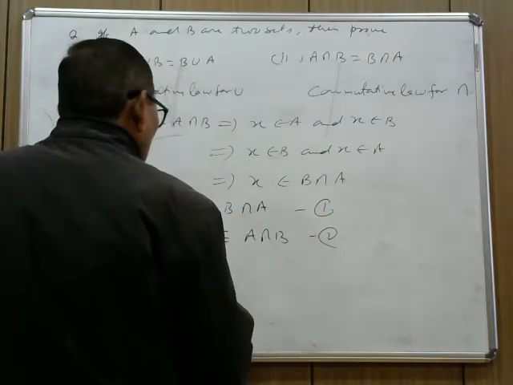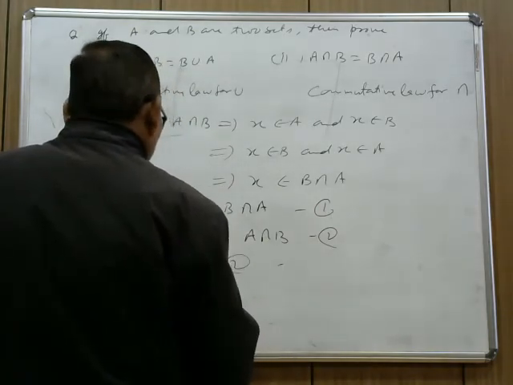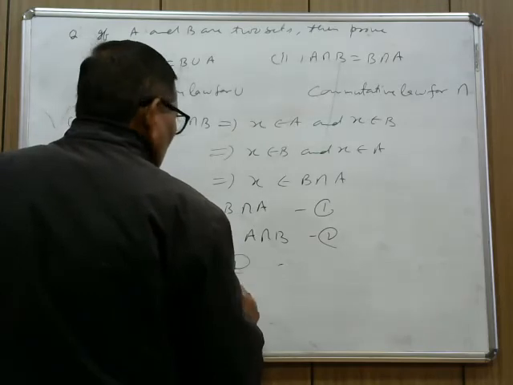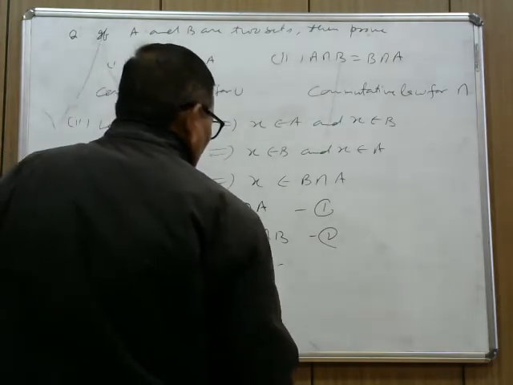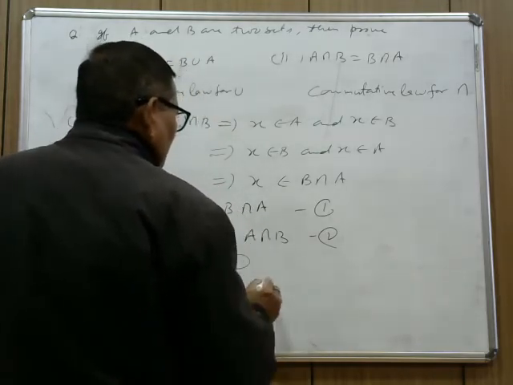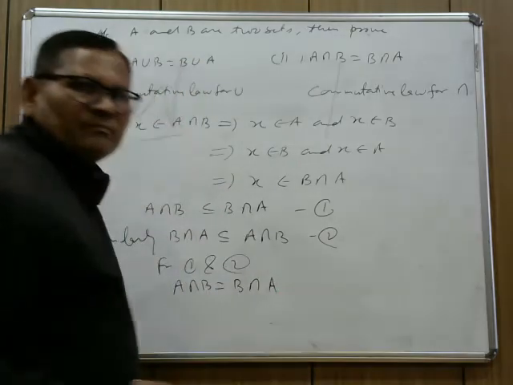From 1 and 2, we can write A intersection B equal to B intersection A. This is the commutative law for intersection.